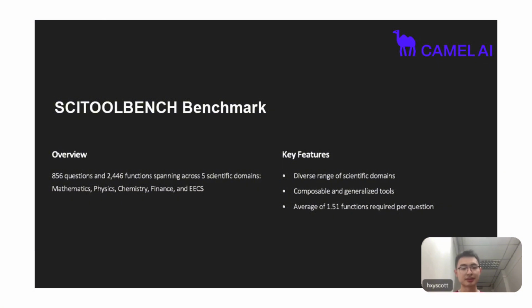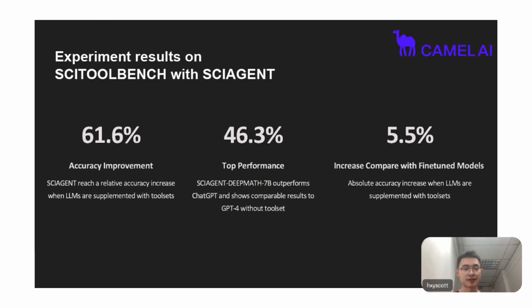And they carry out some experiments, and I highlight three of the big numbers that I think are really interesting to share. The first one is a study saying that if your open source LLM uses a toolset, compared to those not using toolsets, you get almost 62% relative accuracy improvement.